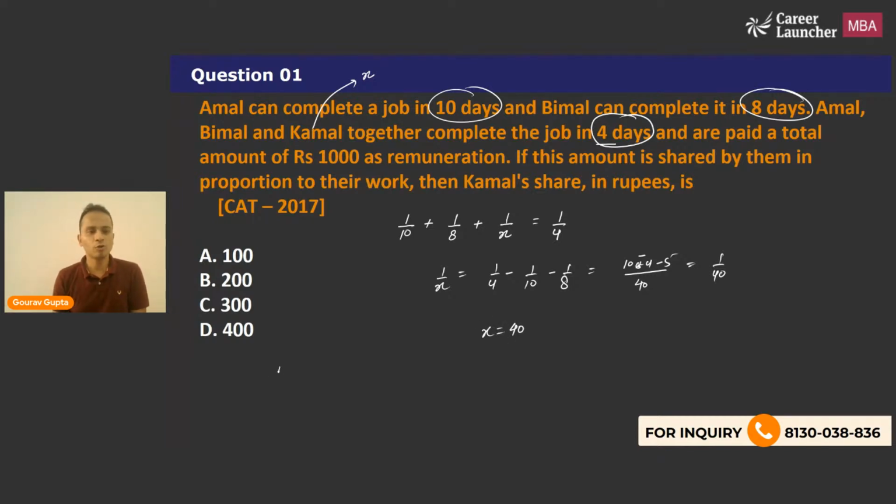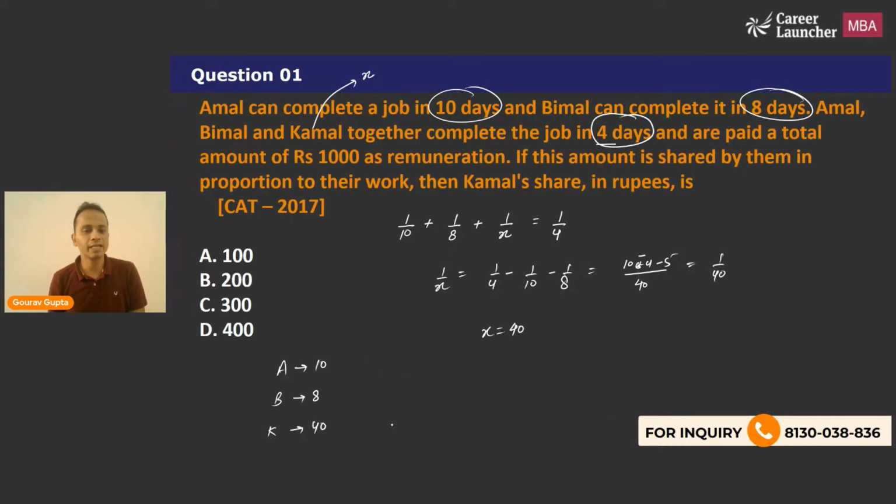Now look at the bottom of the screen. Amal can finish the work in 10 days, Bimal can finish in 8 days, and Kamal will finish it in 40 days. The amount of work that they are doing is directly proportional to the efficiency of every person. Also, efficiency is inversely proportional to the number of days taken, right?